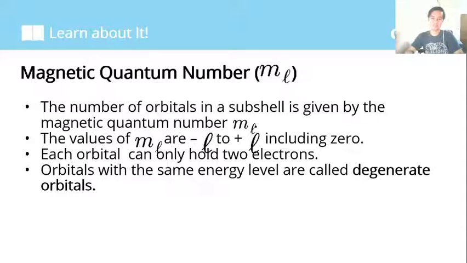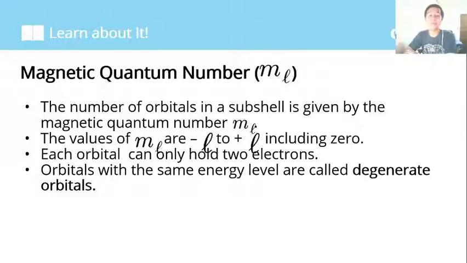It ranges from negative L to positive L. We know that L is the azimuthal quantum number, so we substitute L here with the L value from the azimuthal quantum number. Take note, that would include 0. The values of m sub L are negative L to positive L, including 0.